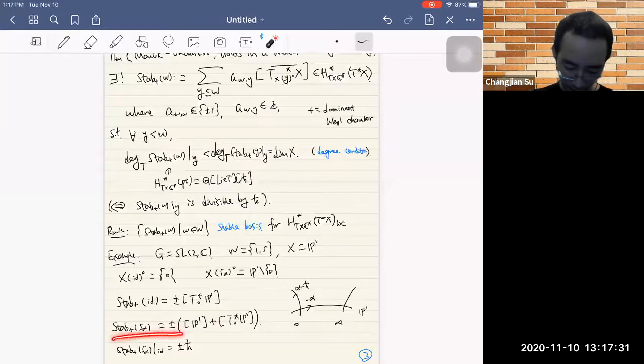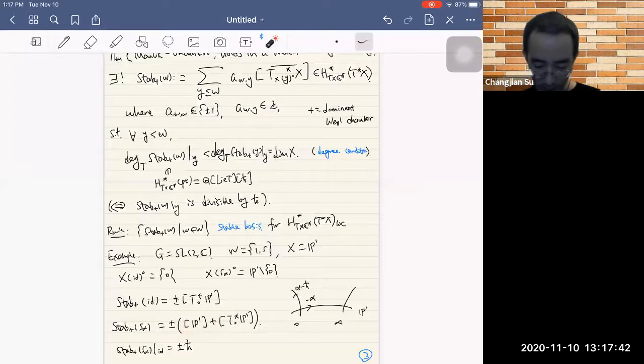We take this class and then we restrict it to this fixed point 0. So what is the contribution of P1? If you have P1 and you restrict to 0, then you will get the weight of this cotangent space, which is alpha minus h bar, and the other term restricted to 0, you will also get this cotangent space, which is negative alpha.